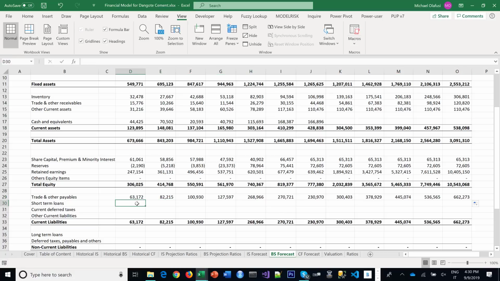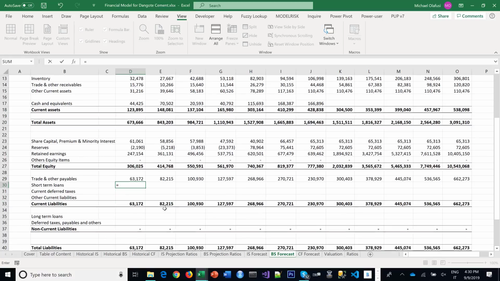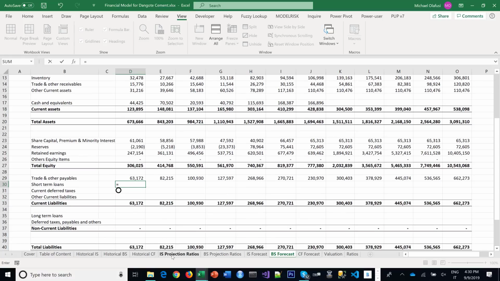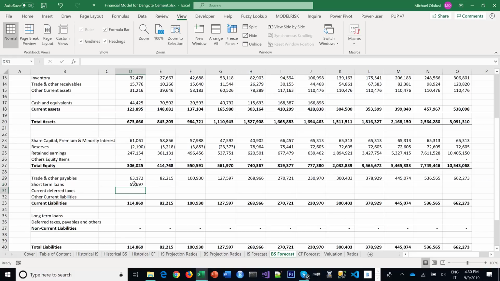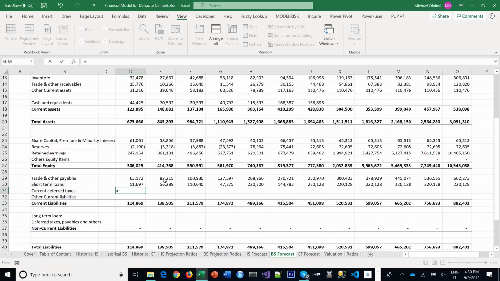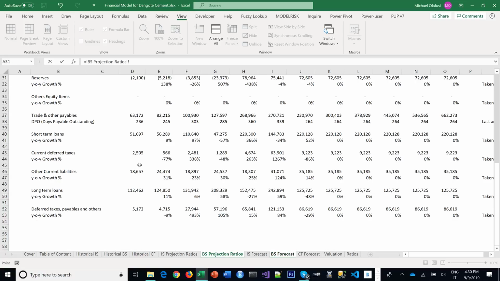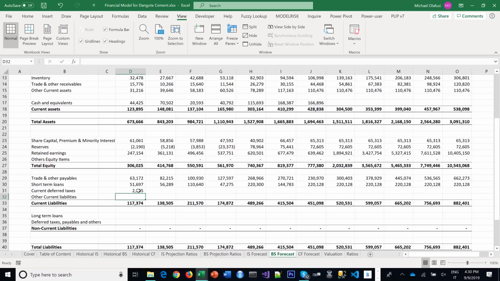I do for the short-term loan. I pick and then I drag forward. I do for the deferred current taxes. I pick and I drag forward. I do for the other current liabilities.